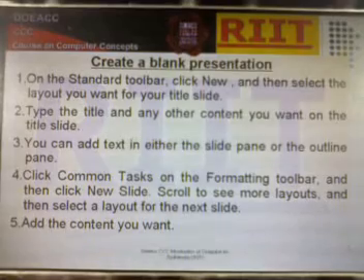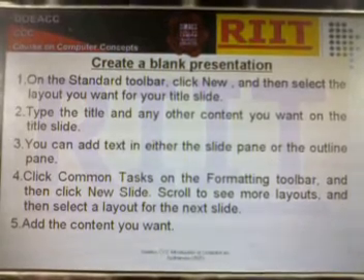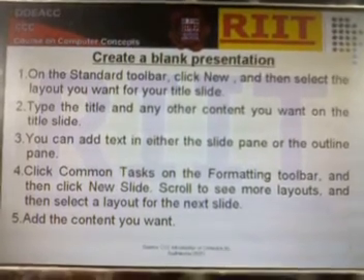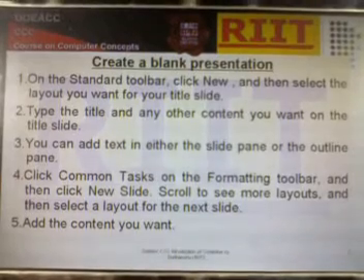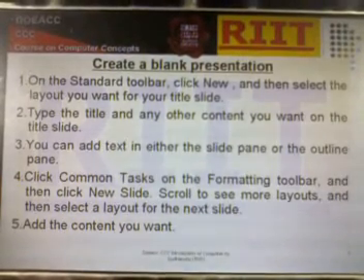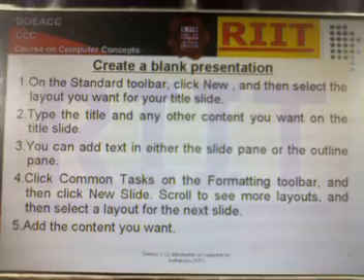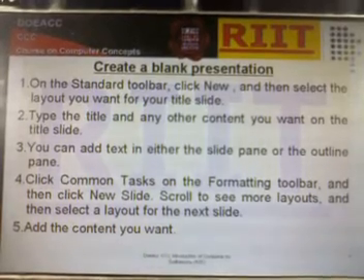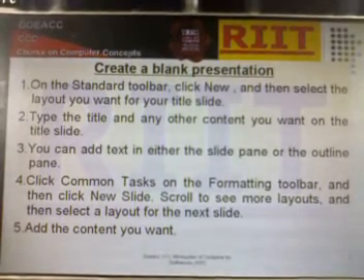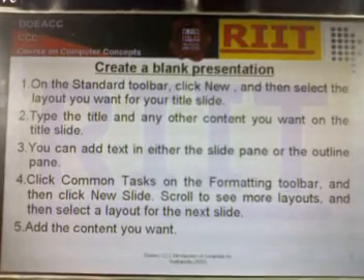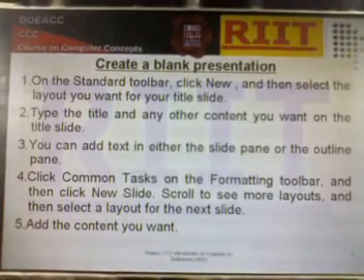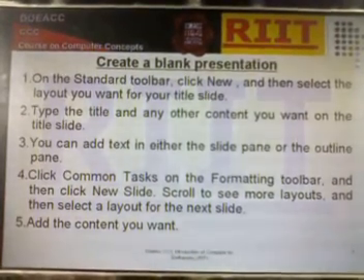You can add text in either the slide pane or the outline pane. Click Common Task on the formatting toolbar and then click New Slide. Scroll to see more layouts and then select a layout for the next slide. Add the contents you want.